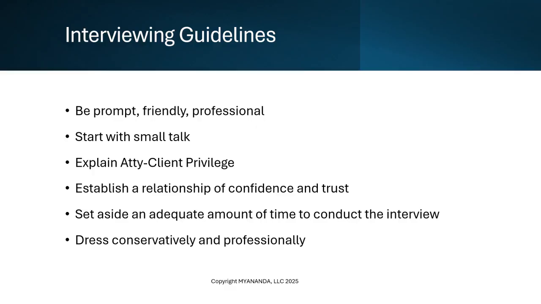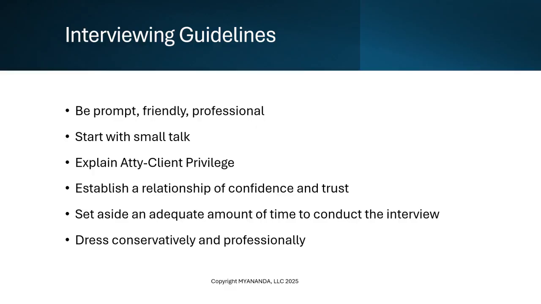Explain the attorney-client privilege. Be careful that you're not explaining it in a complicated way. You simply tell the client, we will not be disclosing this information that you share today with anyone that isn't in the need-to-know circle. And those are the people in the law firm or any experts that are retained in the process of the case.